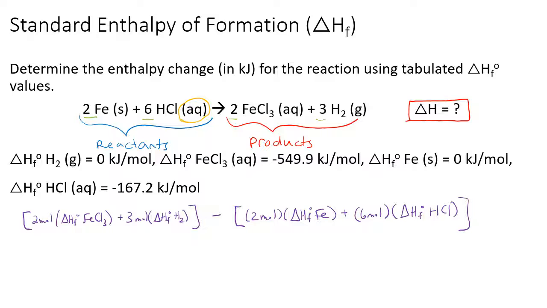Notice that the heat of formation for H2 gas is 0 kilojoules per mole, as well as the heat of formation for solid iron is 0 kilojoules per mole. That's because the heat of formation is assigned as 0 for elements in their standard, most stable states.